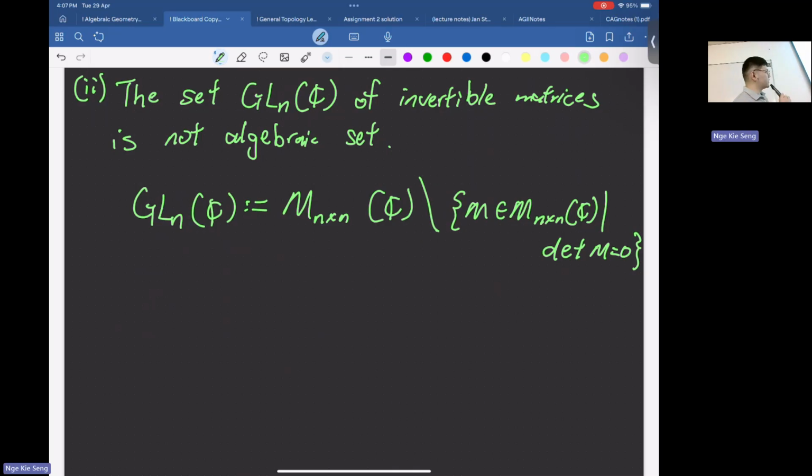You can see that when determinant M equals 0, this is an algebraic equation, so it defines an affine algebraic set, and then you take the complement, which is open. So you can write it as the zeros of some polynomials.